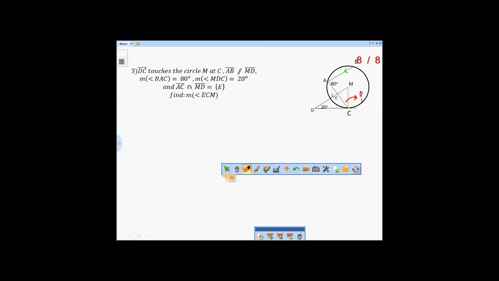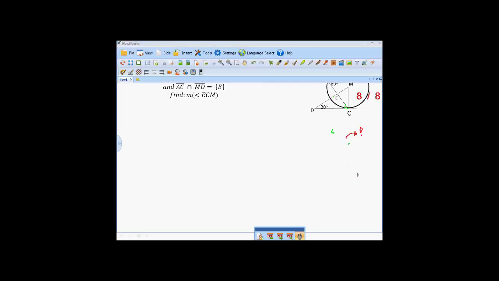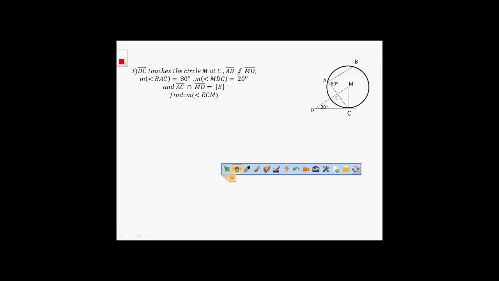From the figure, I have two parallel lines and I have a tangent. So, DC is a tangent, it means the measure of angle MCD is equal to 90. So, I need to find MCE, it means I need to know the measure of this angle only.